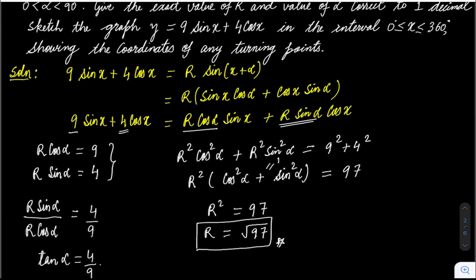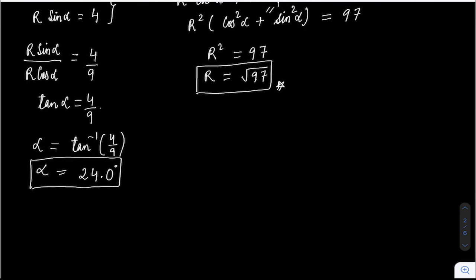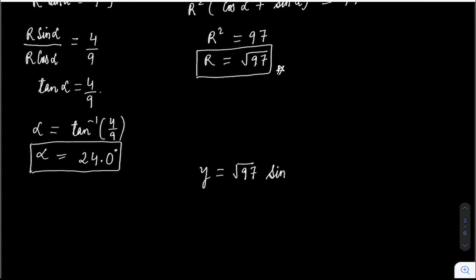So now, instead of sketching the graph of 9 sin x plus 4 cos x, we will sketch the graph of r times sine of x plus alpha, because this is easy to sketch rather than the left hand side. So what is my graph now? y equals square root of 97 sine of x plus 24 degrees.